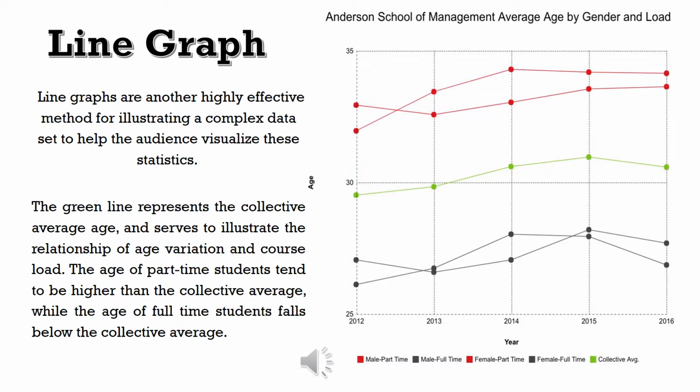We were sticking with the red and black and silver theme to represent UNM. I know the green kind of doesn't fit into that at all and it's sort of random, but in terms of the purpose that I wanted to, I think it serves for that use. And yeah, that pretty much sums up the line graph in which we use to illustrate the Anderson School of Management average age by gender and load data set. Thanks.